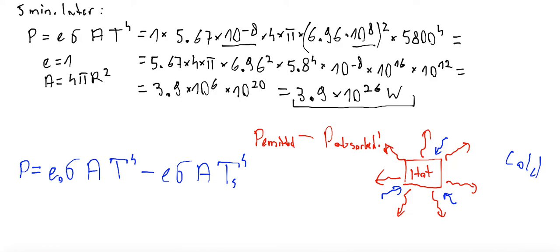So here we have the object, here we have the surroundings. Is it clear? Okay, so now for the next point we can explain what emissivity is.